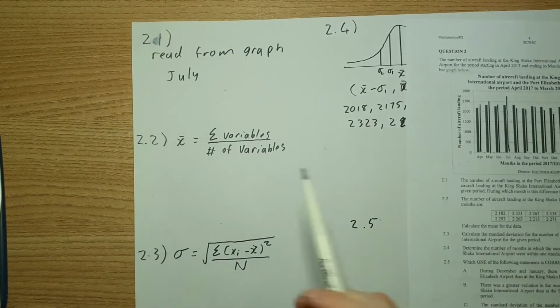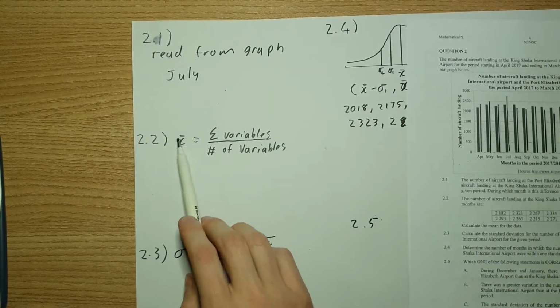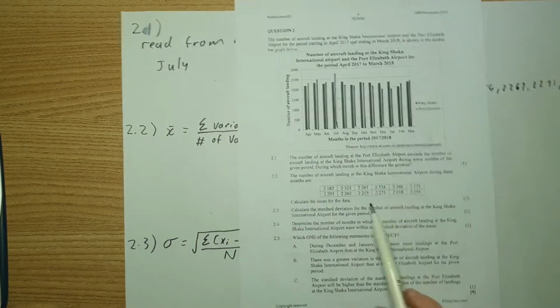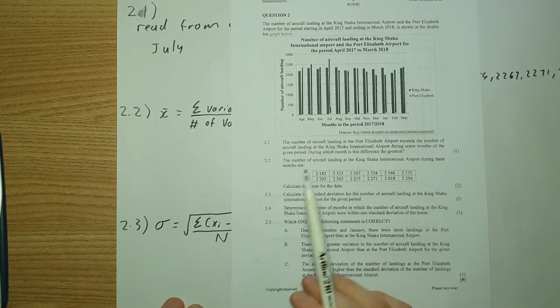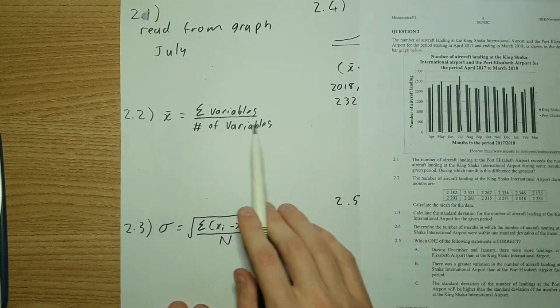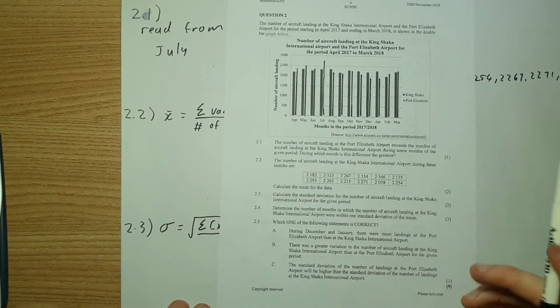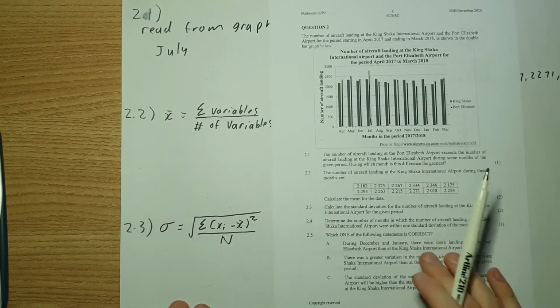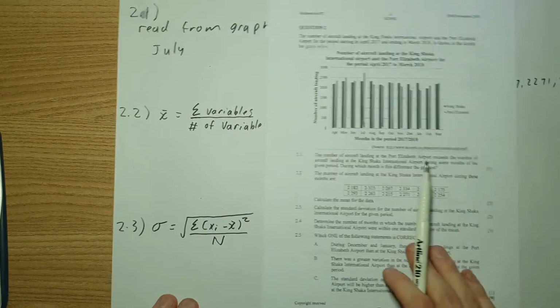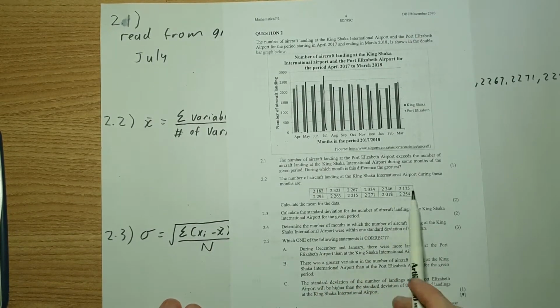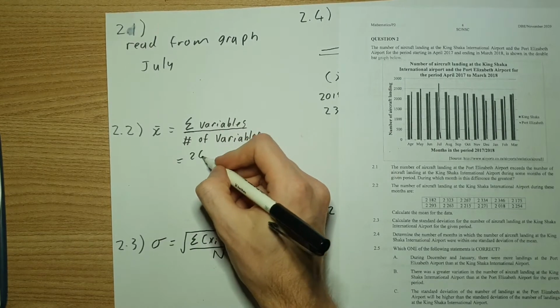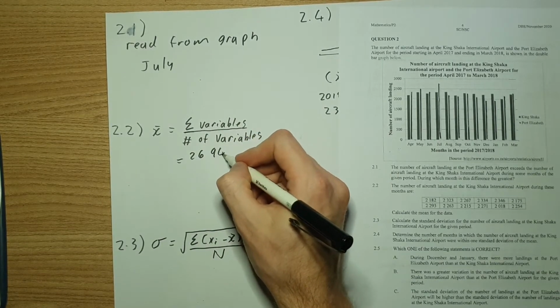If you look at the formula for your average, it's normally represented by an x bar. It says the sum of all my variables. In this case, we're going to sum up everything in this block, and then divide it by the number of variables that we have. If you sum up everything here on your calculator, you should get a total of 26941.